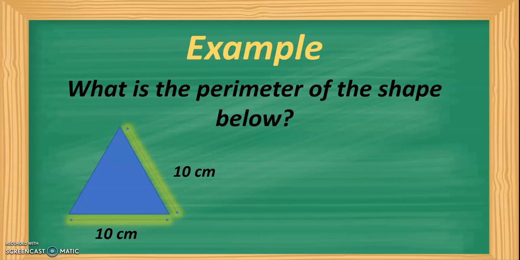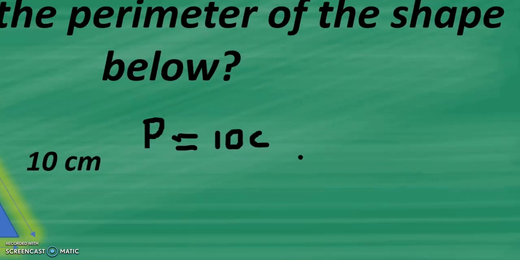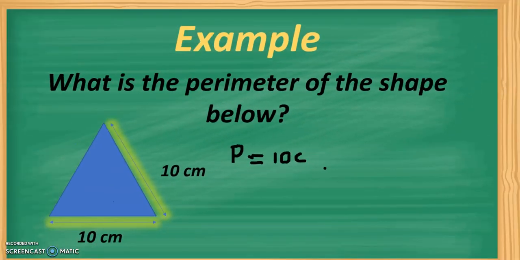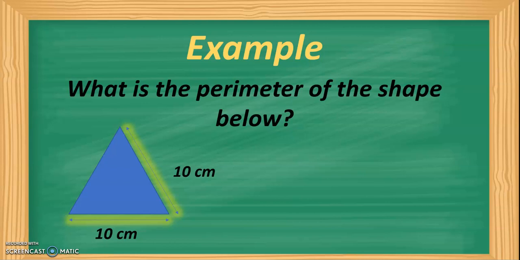Alright, so I hope you got this correct. You should have P to represent perimeter, and it would be equal to, we could either add 10 three times, or we could simply multiply 10 centimeters by 3, and I think this way it's simpler to multiply, so it's a shorter way to go.